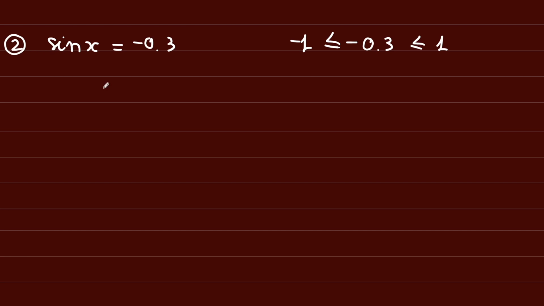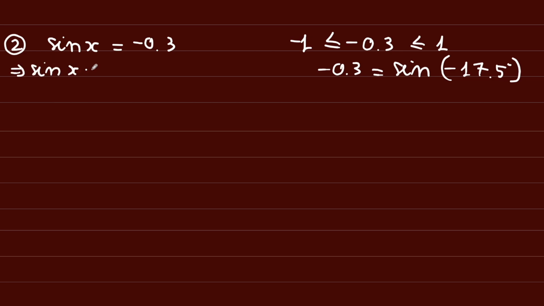Before applying the general solution for the sine function, we need to convert minus 0.3 to the sine of an angle. Using the calculator again, shift sine of minus 0.3, we have the new solution. The new angle is minus 17.5. Okay, so the left hand side will be sine x and the right hand side will be sine of negative 17.5 degrees.